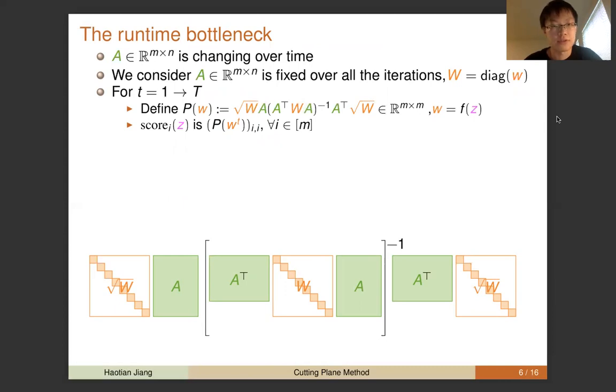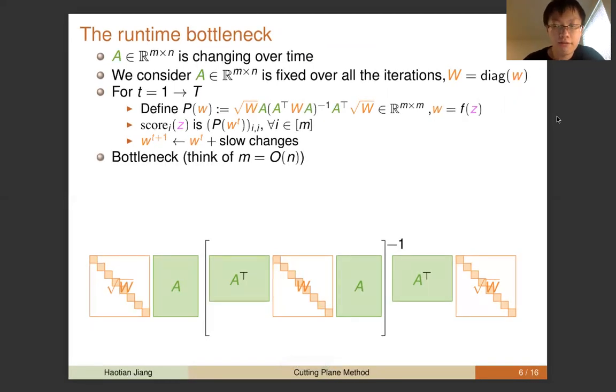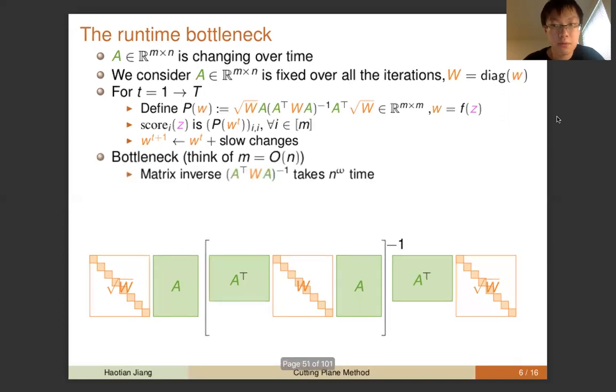These are called the leverage scores. Because in each iteration only one constraint is added or removed, Z is changing slowly, and therefore W is also changing slowly. For the bottleneck of Vaidya's method, let's think of m as linear in n, which is always satisfied by the algorithm.